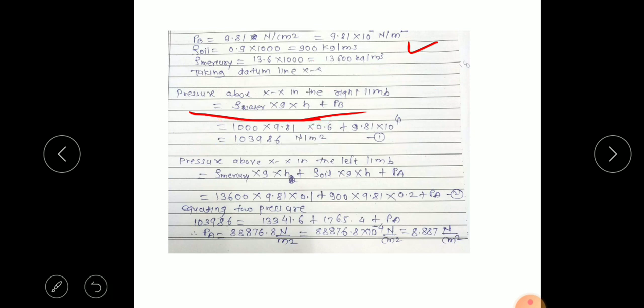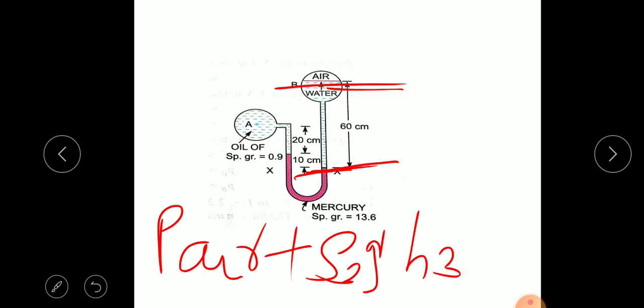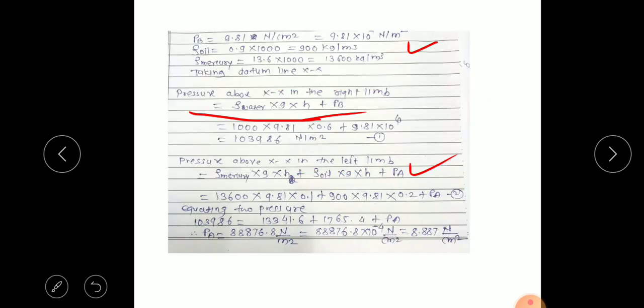Now the pressure in the left limb is PA plus what we have considered already. On the left side, PA is there, H is 20 centimeter, that is 0.2 meter, and the mercury is present 10 centimeter, that is 0.1 meter.